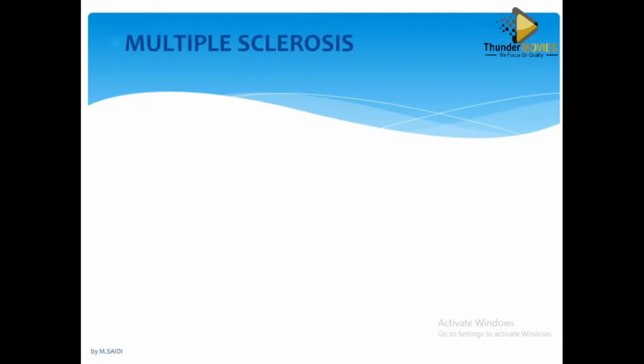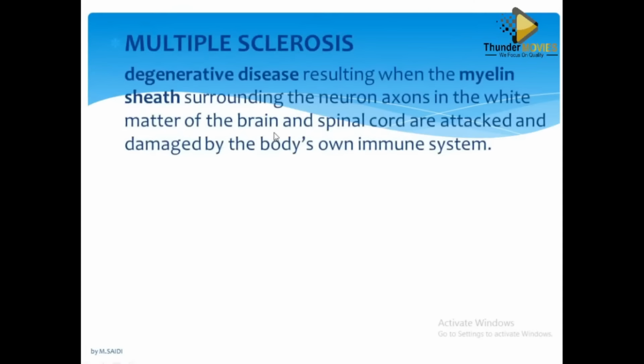Number 2 is multiple sclerosis. Multiple sclerosis is a result of the myelin sheath surrounding the axon, or in the white matter of the brain and the spinal cord, being attacked by one's own immune system. So the immune system identifies the myelin sheath as a foreign object in the body, therefore tries to fight it. In doing so, it is destroying the myelin sheath.